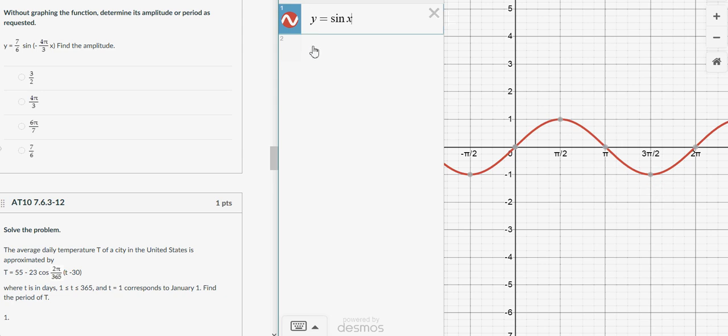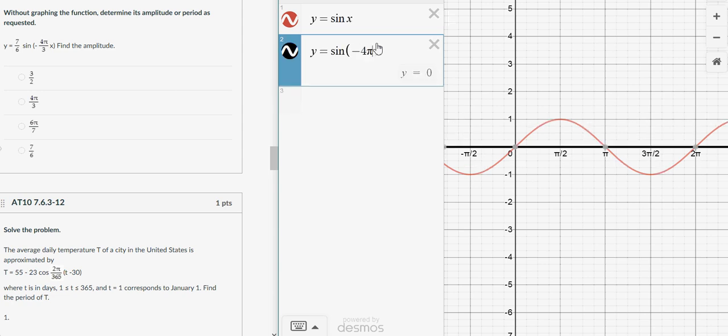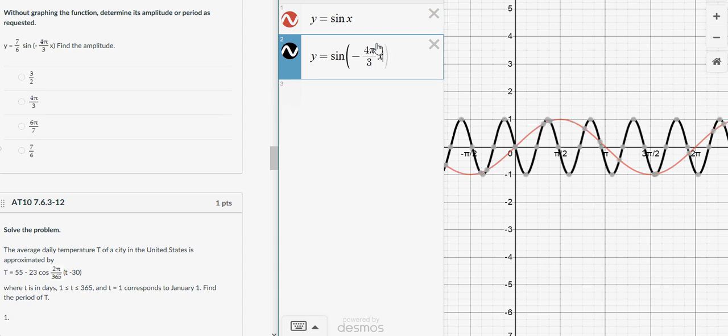Okay, so that's why for this function, sine negative 4 pi over 3 times x, this is not going to change the amplitude.